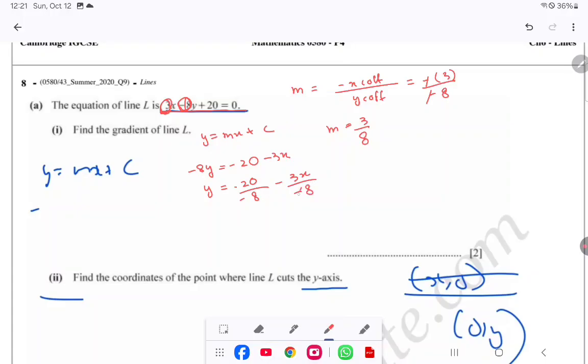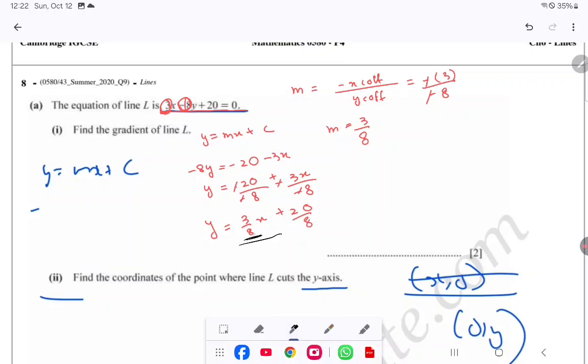So the negative negative will cancel, and the y equation will become 3 over 8 x plus 20 over 8.